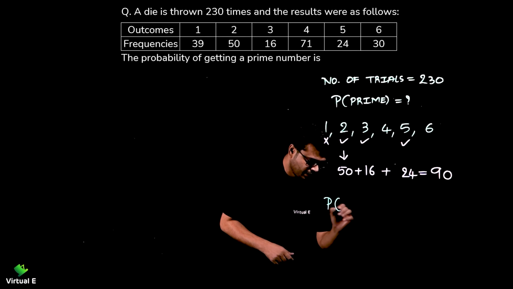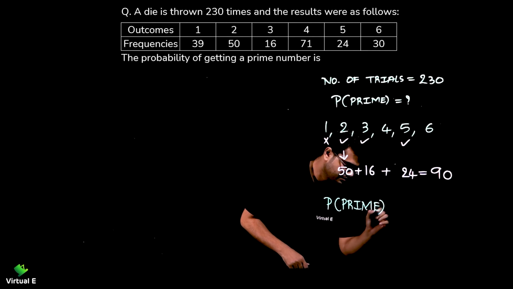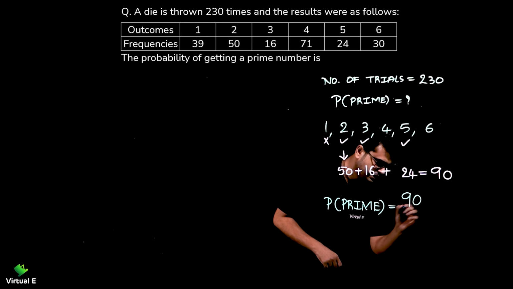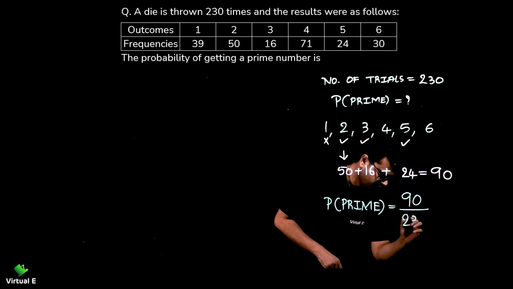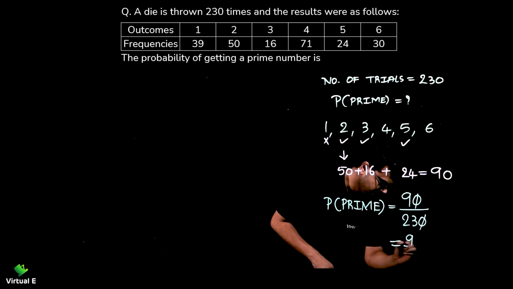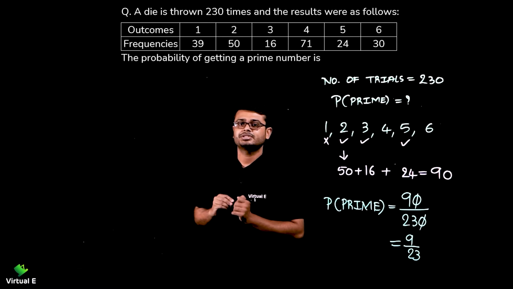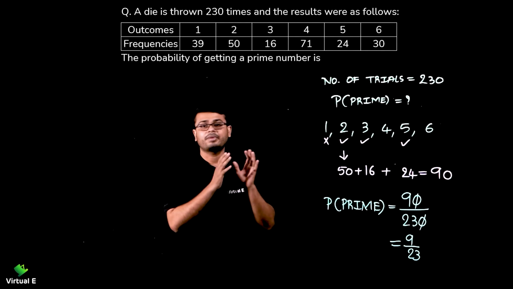So probability of getting a prime number is, first of all, what will be in the numerator? 90. Denominator, total number of trials, that is 230. 0 gets cancelled. Now 23 is a prime number, so we cannot do any cancellation.